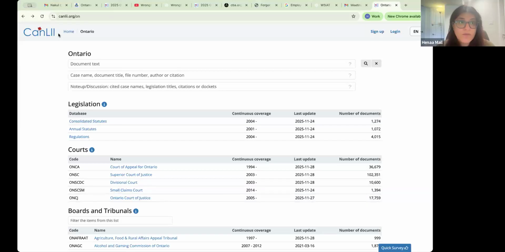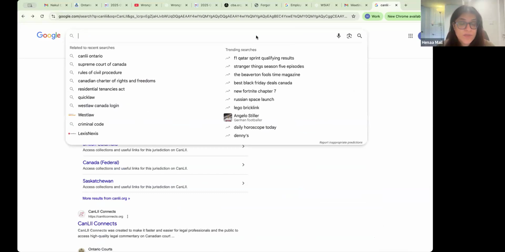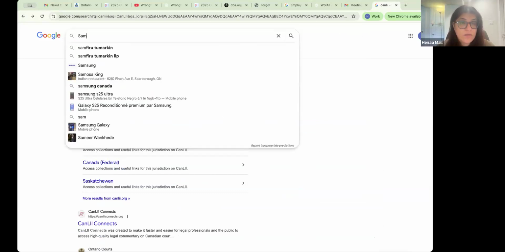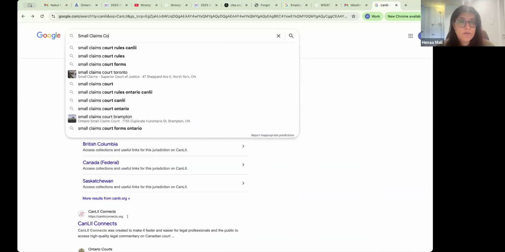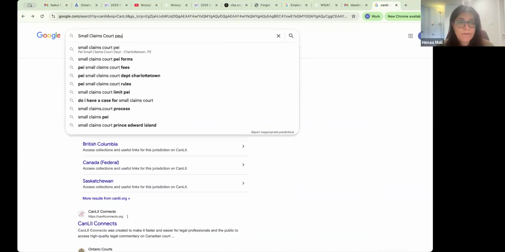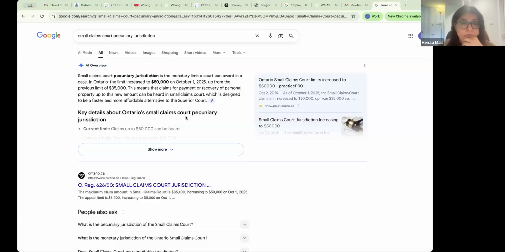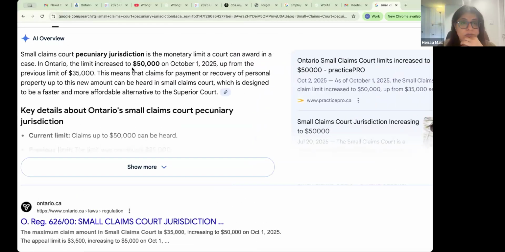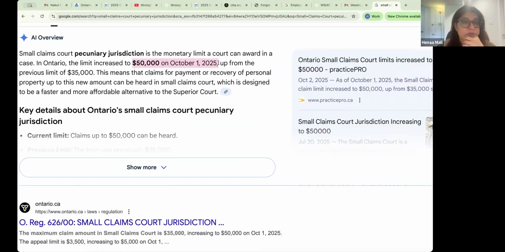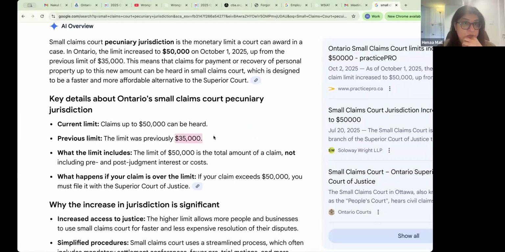I can show you, for those of you who are not clear, the rules of small claims court categorically now say from 1st October. So now, the previous limit was $35,000, but since the materials have not been updated, I am still bound to teach this.